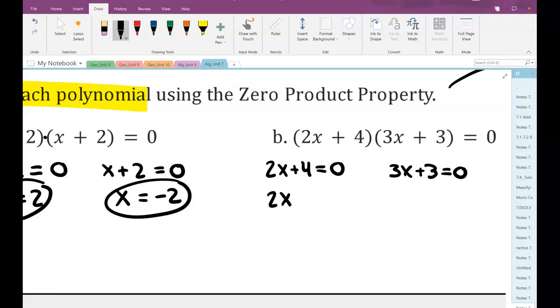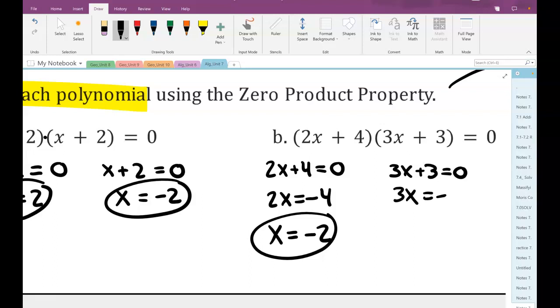So 2x is equal to negative 4, and then divide each side by a positive 2. One of our answers, x, could be equal to negative 2. For our other answer, 3x is equal to negative 3. We divide each side by 3. X could be equal to negative 1. Again, we get just 2 whole numbers as an answer.